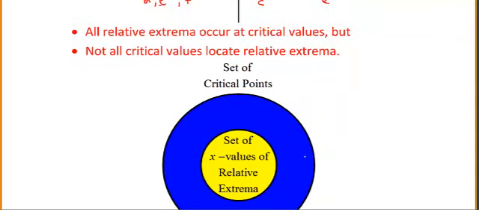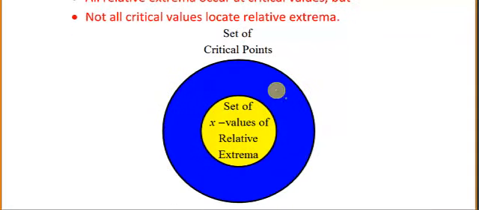So we have to keep in mind here that we have this blue set, the set of all critical points. Properly contained within, meaning there are some things outside of this, is the set of x values of relative extrema.